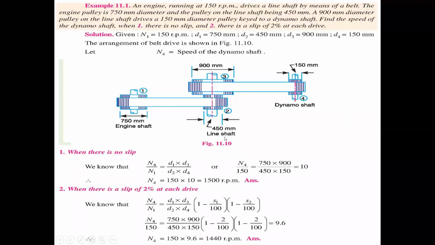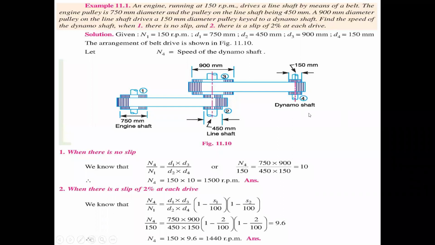What type of belt drive is it? This is a compound belt drive, with four pulleys acting: the first is 750, the second 450, the third 900, and the fourth 150.